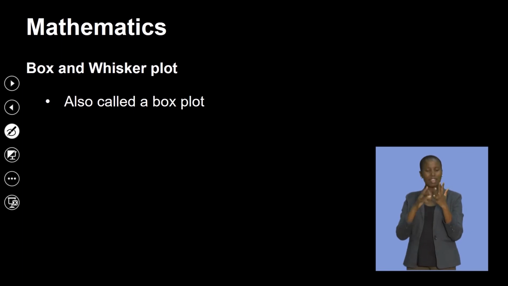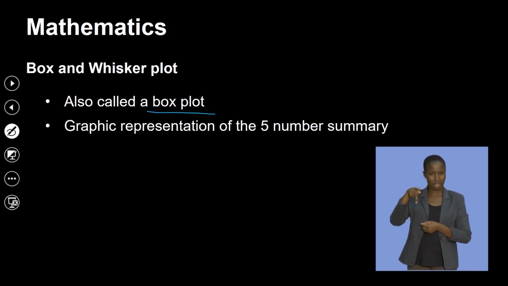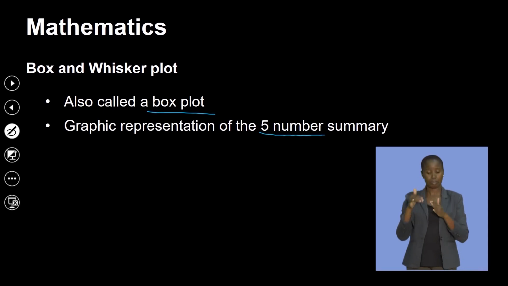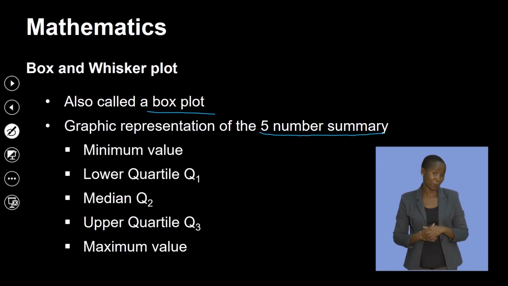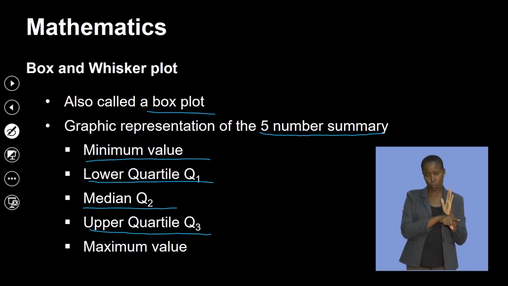The box and whisker plot is also called a box plot. It is a graphic representation of the 5-number summary, showing the minimum, lower quartile, median, upper quartile, and the maximum value.